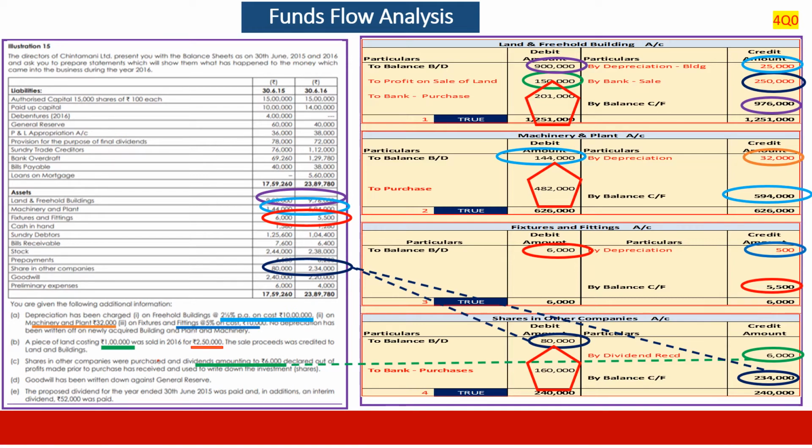Difference between the two sides is net purchases through bank, 1,60,000. And from these adjustments account, we have missing land and freehold building purchases, machinery purchases. We have got here dividend received 6,000 and purchases 1,60,000. All these going into funds flow, and 6,000 also going into profit and loss adjustment account.